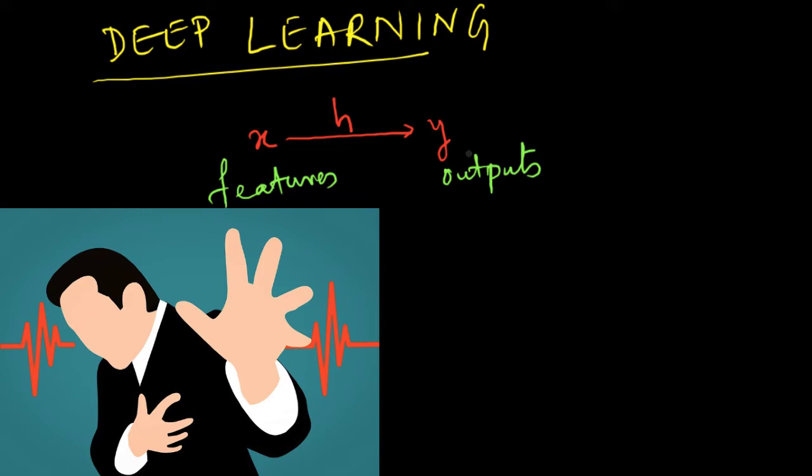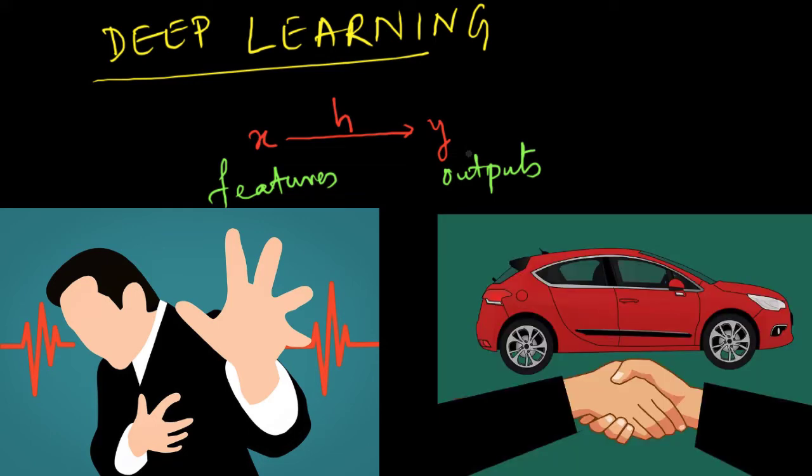Similarly, if you want to, let's say, predict whether a particular person is going to buy your new car or not, you can use that person's annual income, the previous cars he or she holds, the amount of money he or she spends on holidays, and stuff like that. So these could be some kinds of features which can be eventually mapped to the desired output.